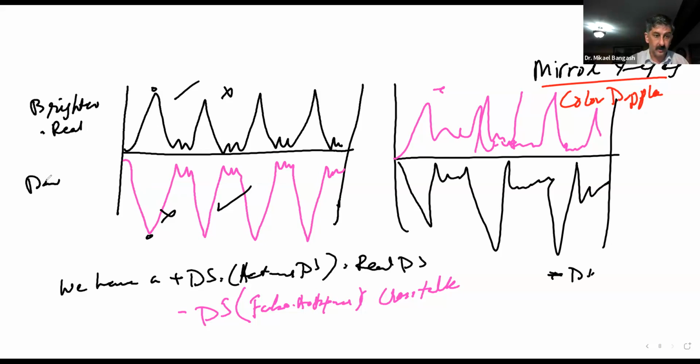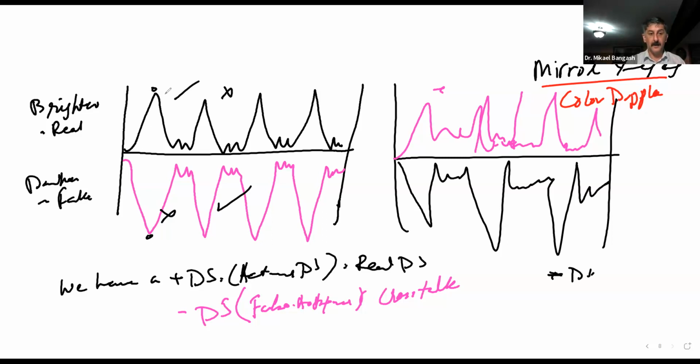The one that appears darker is the fake one. So when you look at a positive and a negative Doppler shift, they are true copies of one another, which is what we call crosstalk.